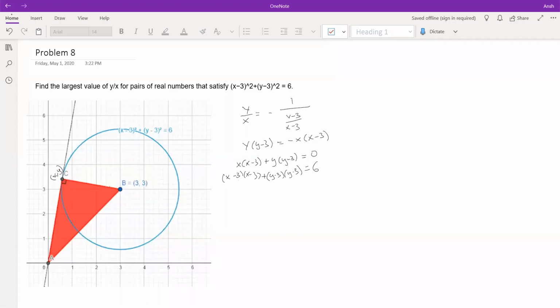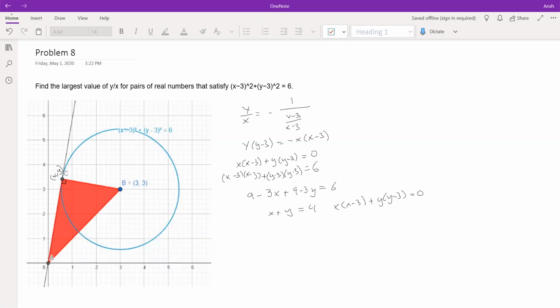So we can actually subtract these two equations, which would give us 9 minus 3x plus 9 minus 3y equals 6. And that simplifies our equations a lot, as we can resimplify this to get x plus y equals 4. So now we have a system of equations that we can more easily solve. x plus y equals 4, and x times x minus 3 plus y times y minus 3 equals 0.